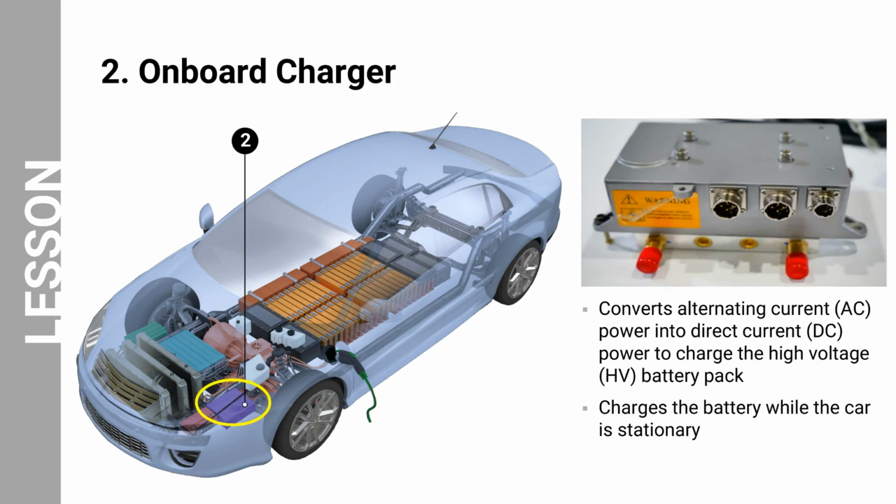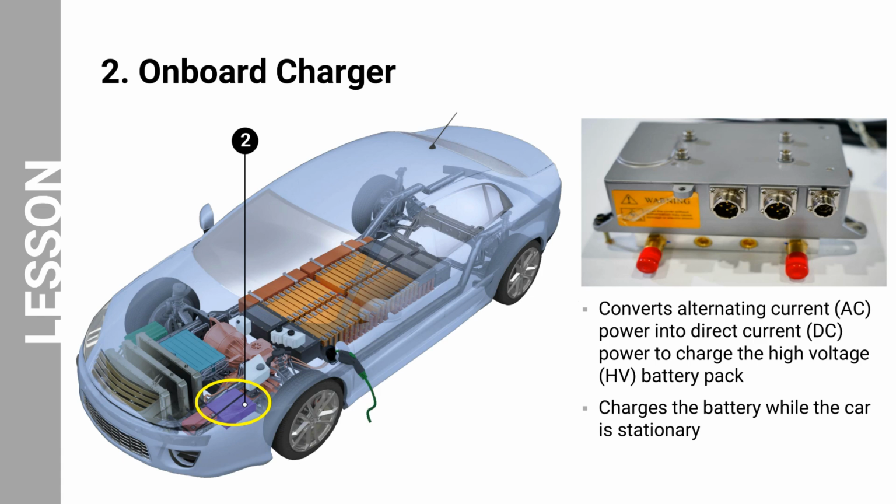Let us now look at the onboard charger. It is a device that converts alternating current, abbreviated as AC, from an external power source to direct current, abbreviated as DC, which can be used to charge the battery pack of a BEV. This conversion process involves transforming the voltage and regulating the charging current to match the battery's requirements.